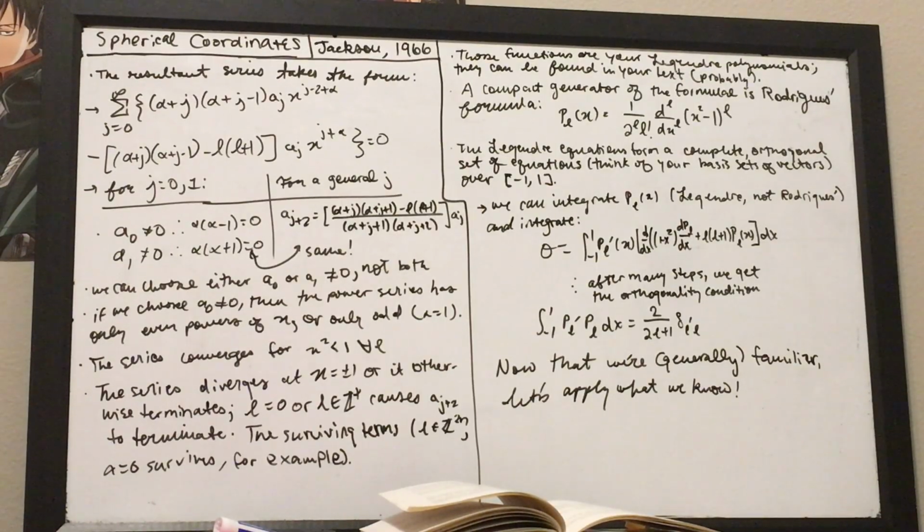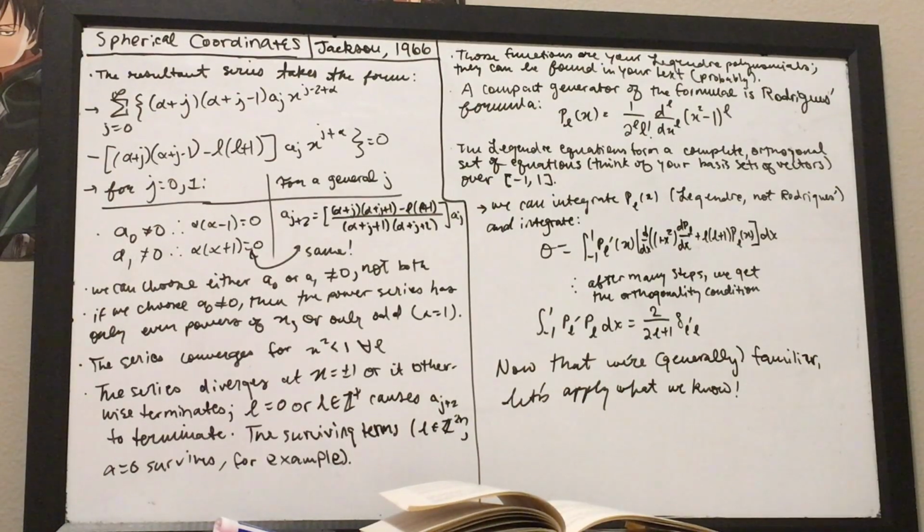If that's the case, then for the power series, we can only have even powers of x whenever alpha is equal to 0, or only odd powers of x whenever alpha is equal to 1. We can also see, upon further inspection, some particular characteristics of this polynomial, namely that it diverges at x equal to plus or minus 1, or it terminates otherwise, namely when L is equal to 0 or some positive integer.